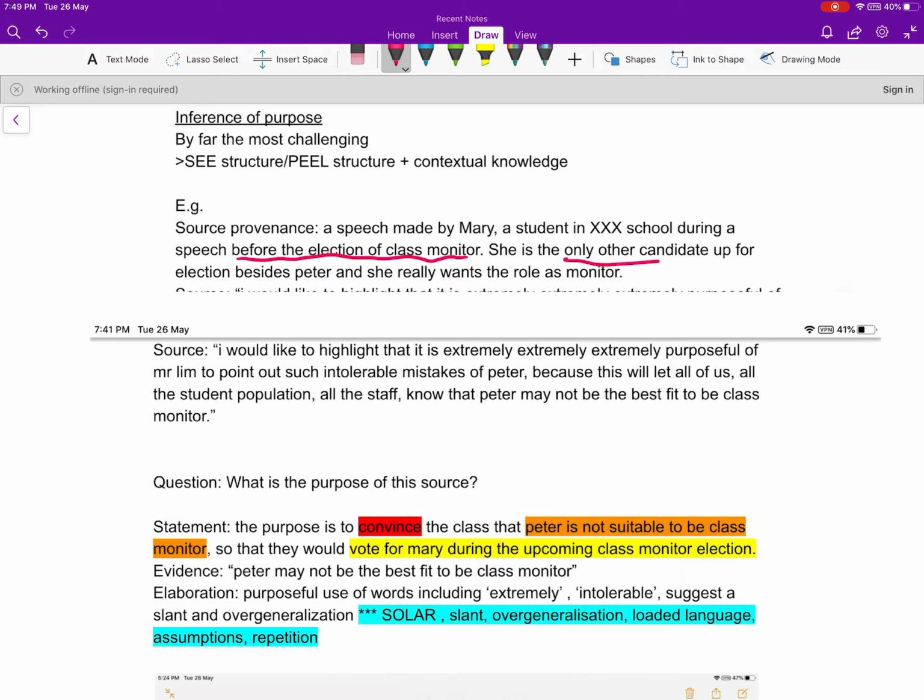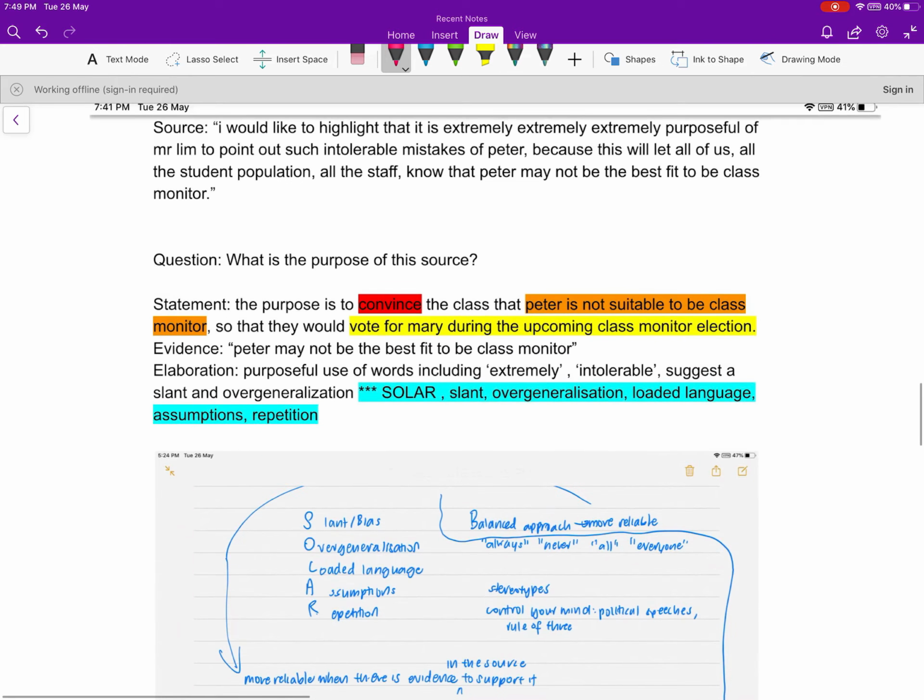She's the only other candidate up for elections besides Peter, so we're going to look at what happens to Peter later. And she really wants the role. So this part is a source provenance, and it's really, really important, especially when you're doing purpose questions, because it can shed some light onto what the ulterior motive may be. So the source is this, you can read it for yourself. And the purpose is to convince.